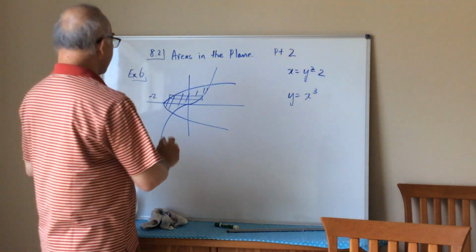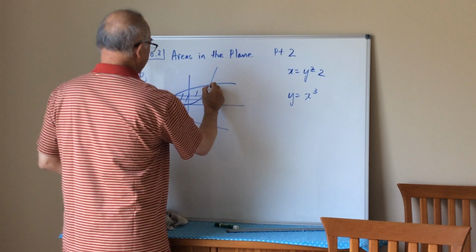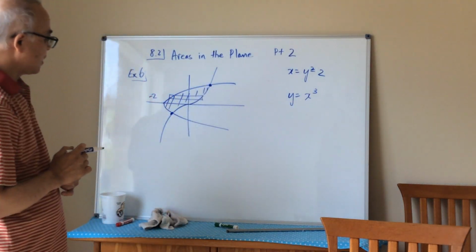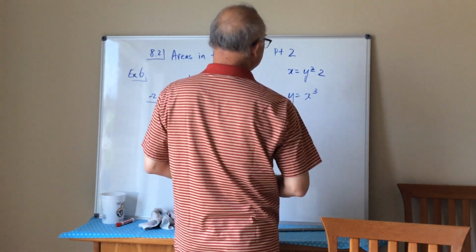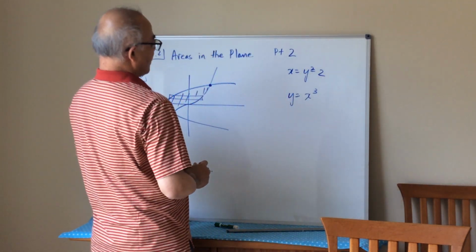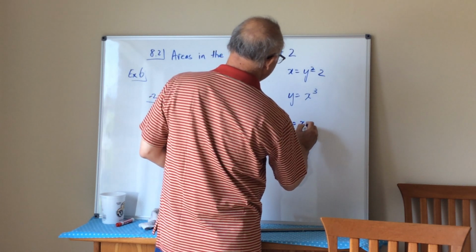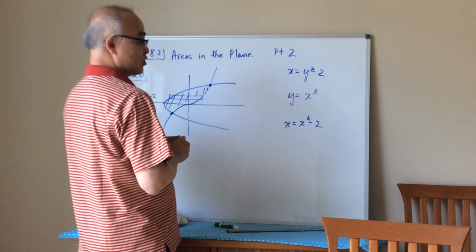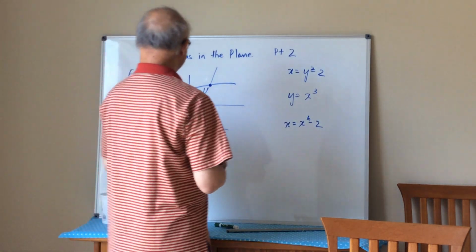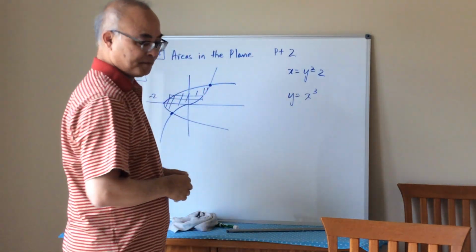Well, first of all, we need to find these 2 points. How would I do that? I would have to set these equal to each other. If I put this in here, I get x equals x to the 6th minus 2. There's no easy solution here, so we're going to go ahead and just look at our calculator and trace it.